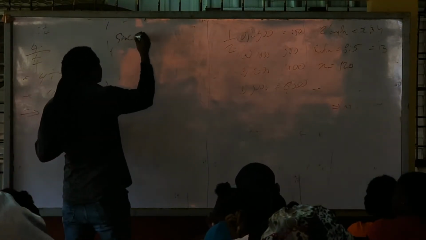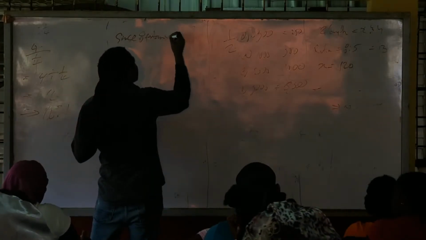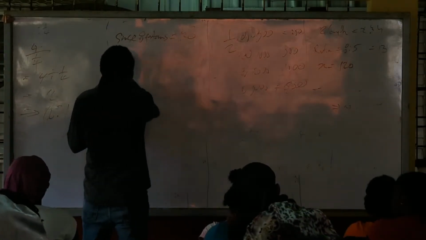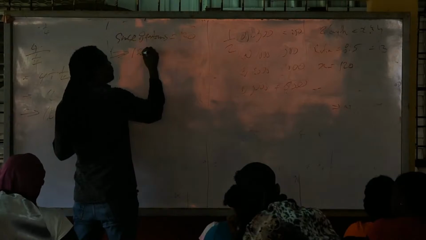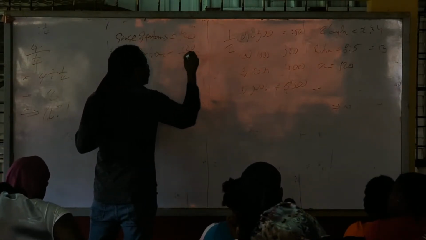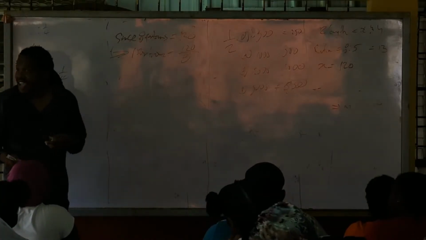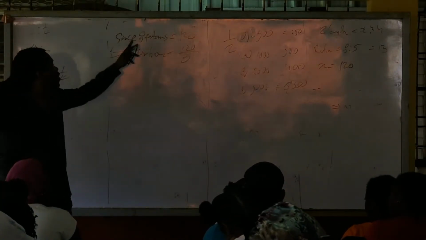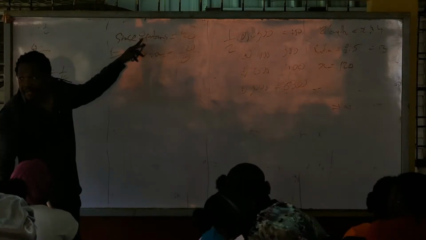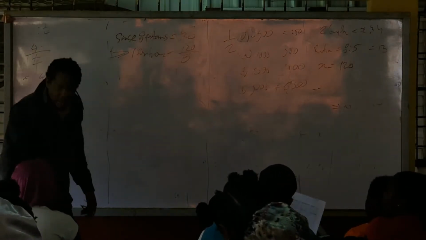Since 8 portions equal 120, it implies that 1 portion equal to 120 over 8. You see why I divided by 8? Why did I divide by 8? Because the only way to turn 8 into a 1 is to divide. Exactly.